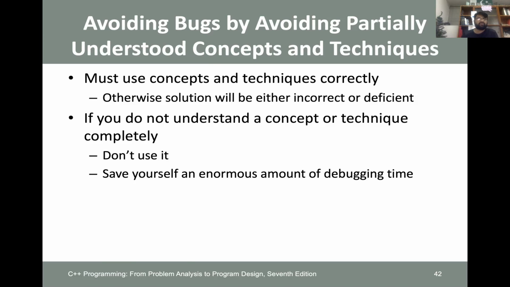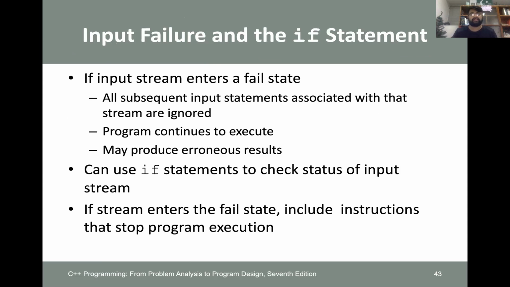Always use parentheses to make sure that something is of a higher precedence than the other part. In that case, you'll avoid a lot of mistakes, and that's going to help you save an enormous amount of debugging time as well. Otherwise, if you don't understand a concept and you try to write it out by mistake, you're going to make mistakes, and that will also be very hard to debug. So that's the take home message here.